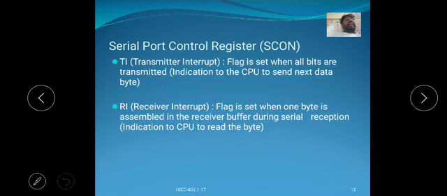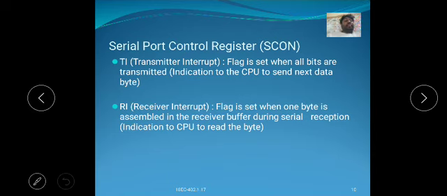The transmit interrupt flag, TI, is set when all the bits are transmitted. It is an indication to the CPU to send the next data byte.